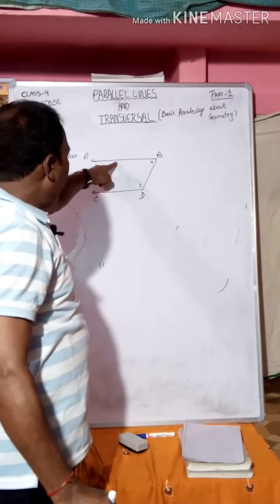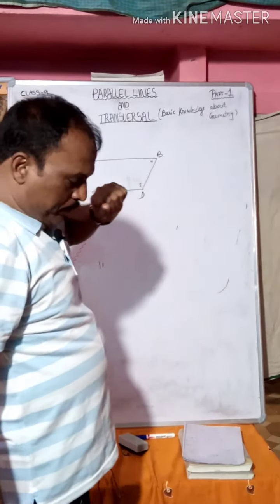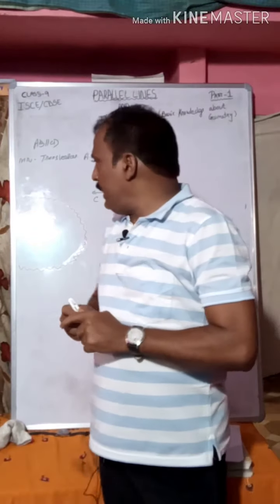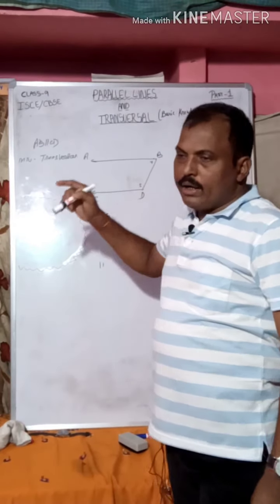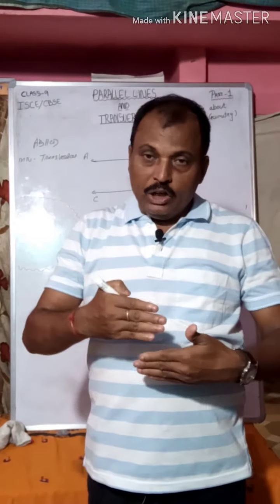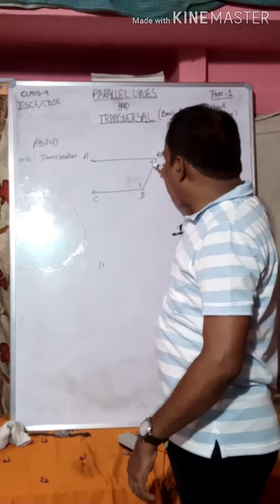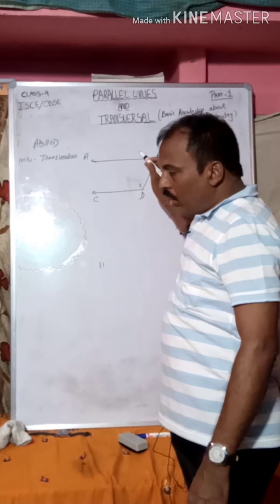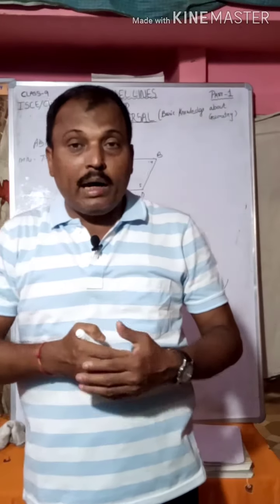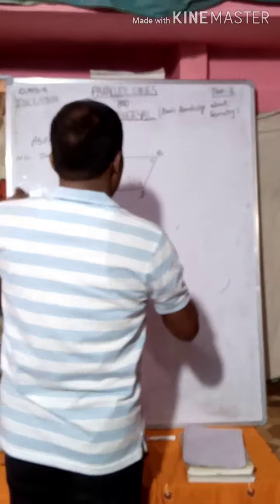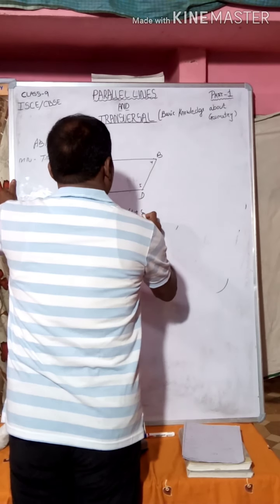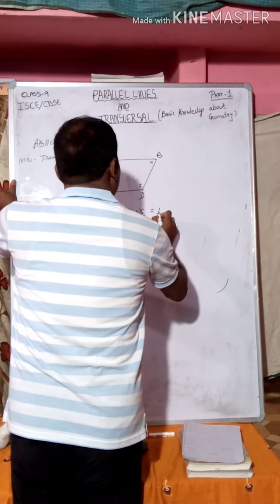So AB is parallel to CD and BD is the transversal, but there is no exterior angle here, only interior angles, this angle and this angle. What is the relation between angle 4 and 5? They are co-interior angles, so we can write angle 4 plus angle 5 is equal to 180 degrees.